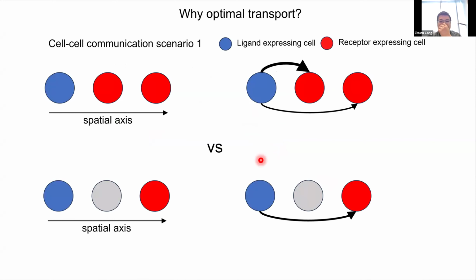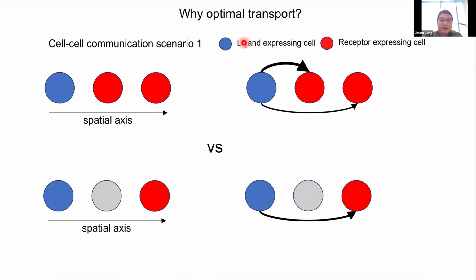Okay, so this tool I'm going to talk about is called optimal transport. And before we go into the details of the tool, let's go through some simple examples that we hope these methods could capture. So, for example, in this first simple scenario, let's imagine that we have 3 cells placed on this one-dimensional tissue, this artificial structure.